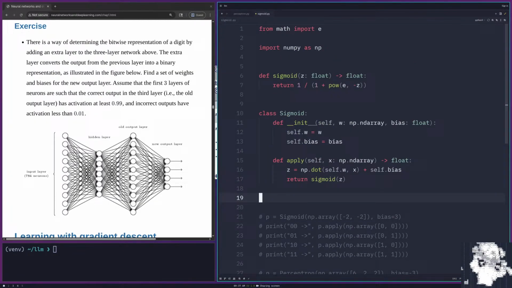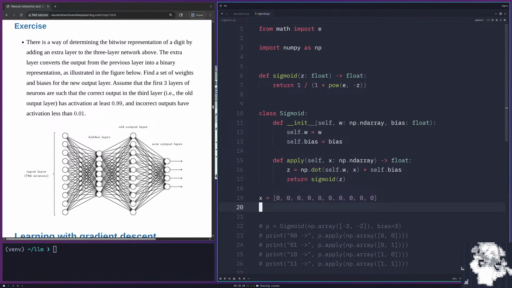So let's see. How am I going to do this? Let's start with X as our input: 0, 1, 2, 3, 4, 5, 6, 7, 8, 9. If x of 0 equals 1, then we want 0 on here.